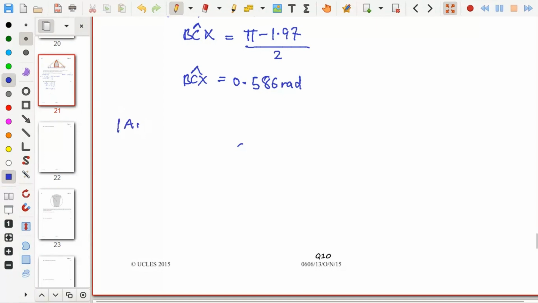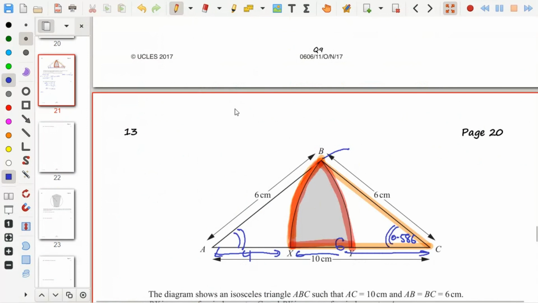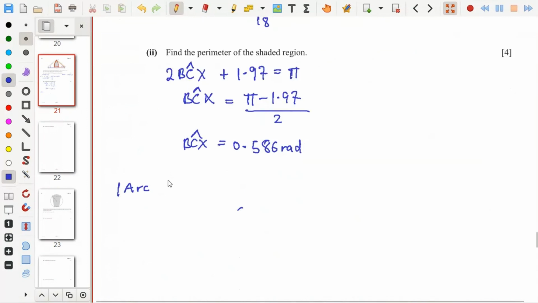So length of arc BX, your radius is 6, your angle is 0.586.